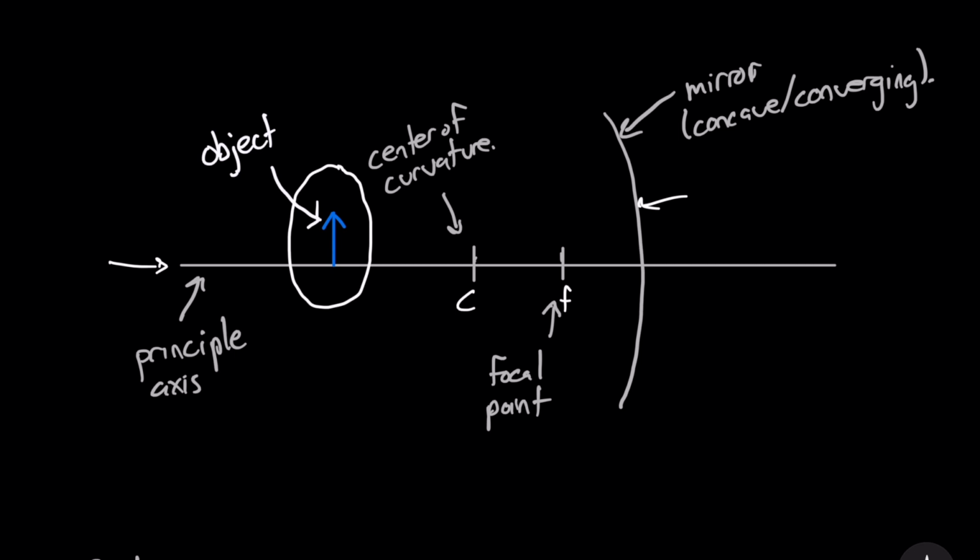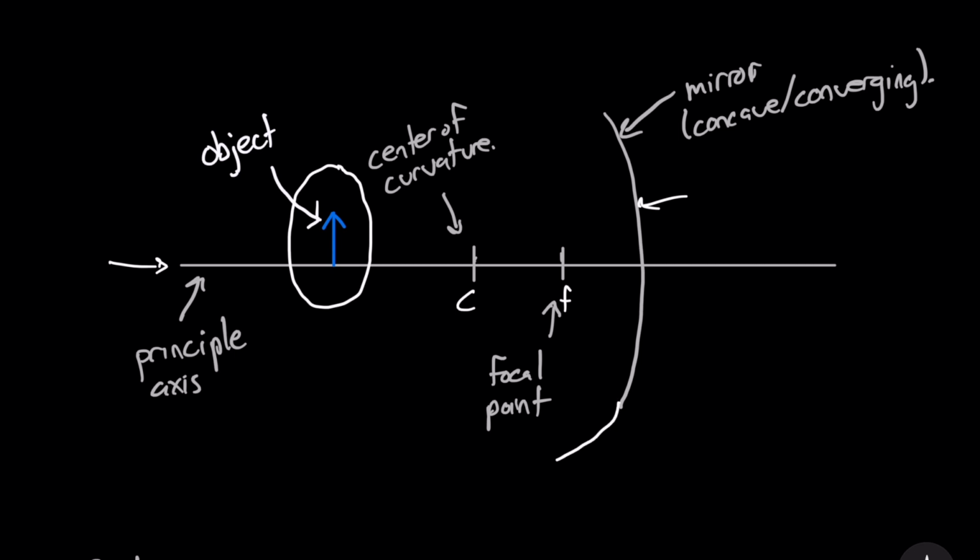Okay, so how these points are actually found on the principal axis. If we were to extend this concave mirror into a complete circle, so this isn't going to be perfect, but it's just to show what the center of curvature and focal point are.